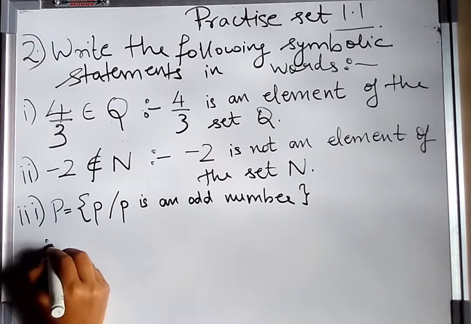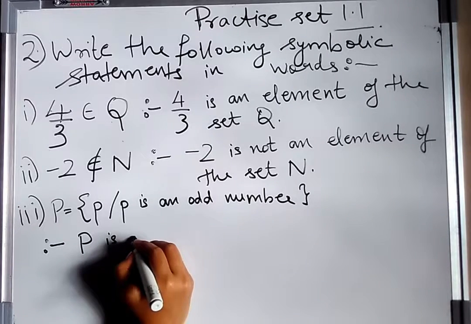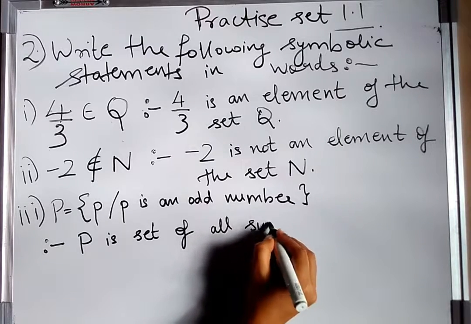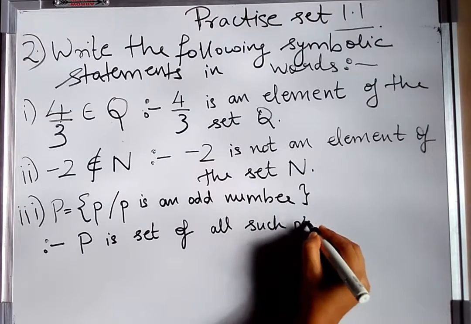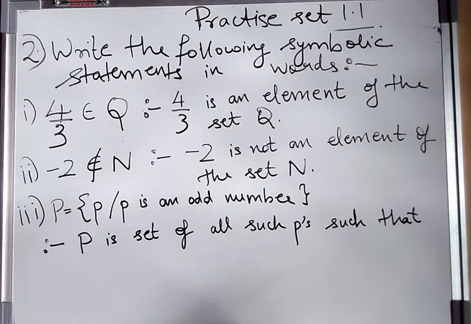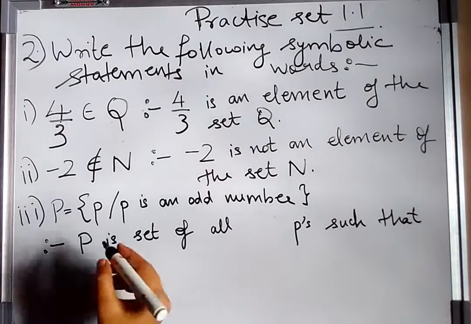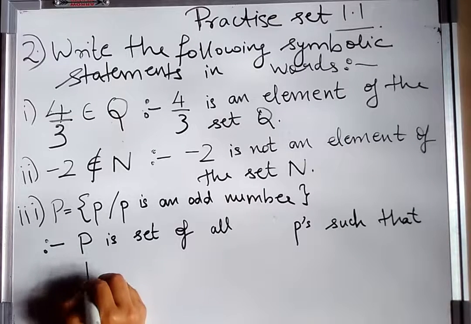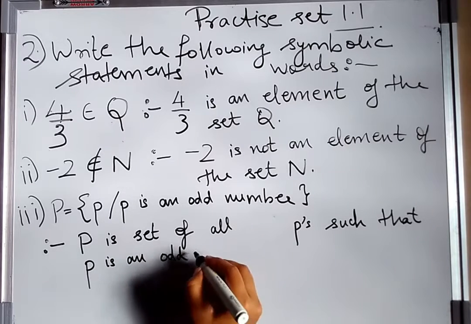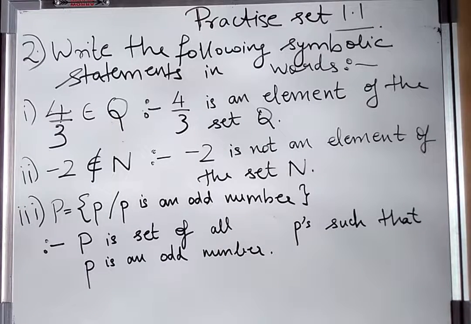We need to convert every detail. So we will write it as P is the set of all such small p's such that p is an odd number.